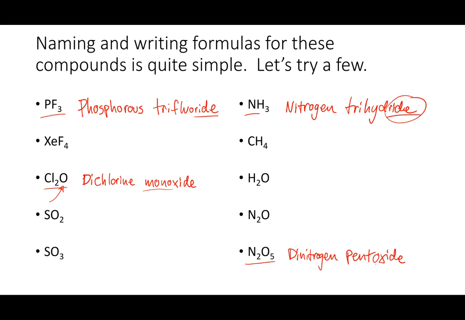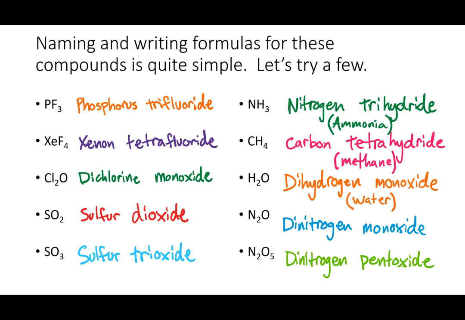Okay, remember this diphthong has to be eliminated. It would be pentaoxide, but there's a diphthong there, meaning two vowel sounds in the same syllable. So we eliminate the first one, and it's dinitrogen pentoxide, which sounds better. Okay, let's look at the rest of these and talk about them.